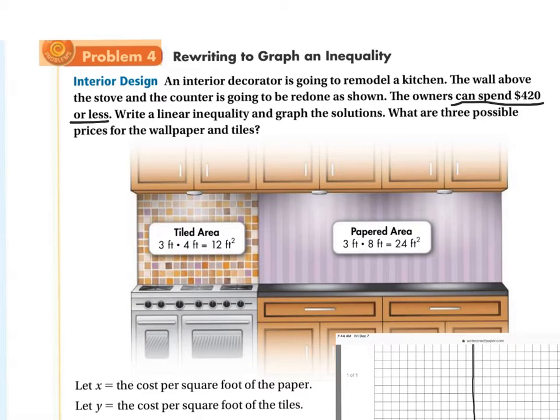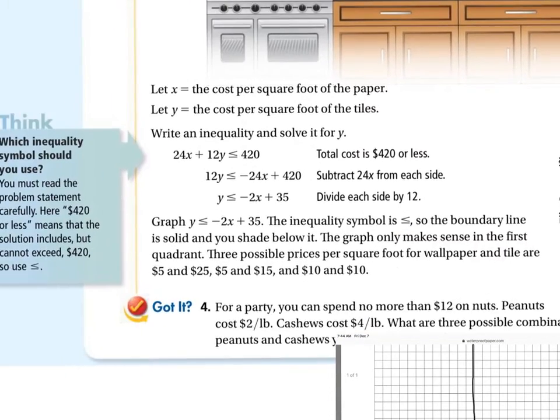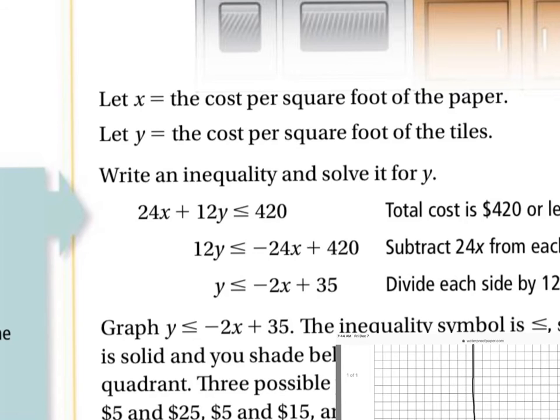Okay, so what we're looking at basically is for the tiles, we've got an area of 12 square feet. For the papered area, the wallpaper, we've got an area of 24 square feet. So the variables are the cost per square foot.